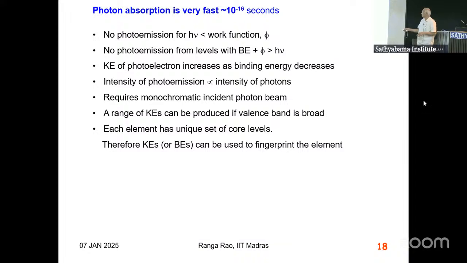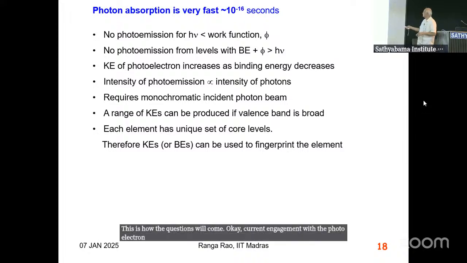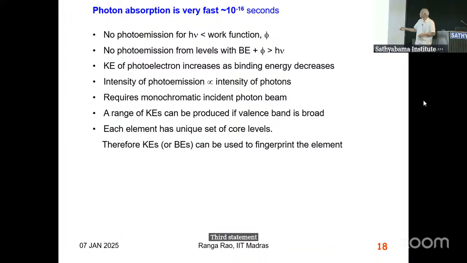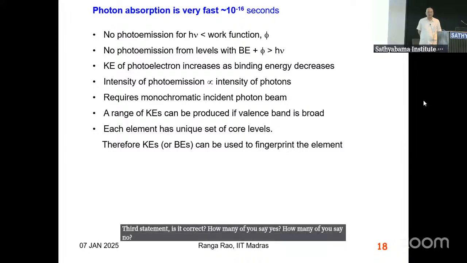Okay. The kinetic energy of the photoelectron increases as binding energy decreases. Is that correct? I have given you some wrong answers also here. Third statement, is it correct? How many of you say yes? How many of you say no? Yes, raise your hands.